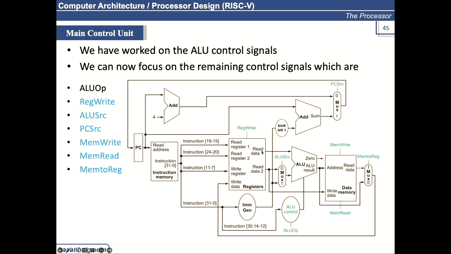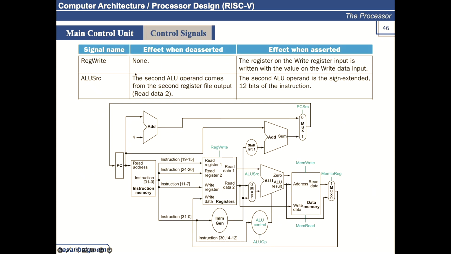Let's talk about generating the remaining signals, which are pretty straightforward. These are all 1-bit signals. Reg write, as its name suggests, means register write. When it is deasserted, meaning it is 0, there is no effect on the register file.